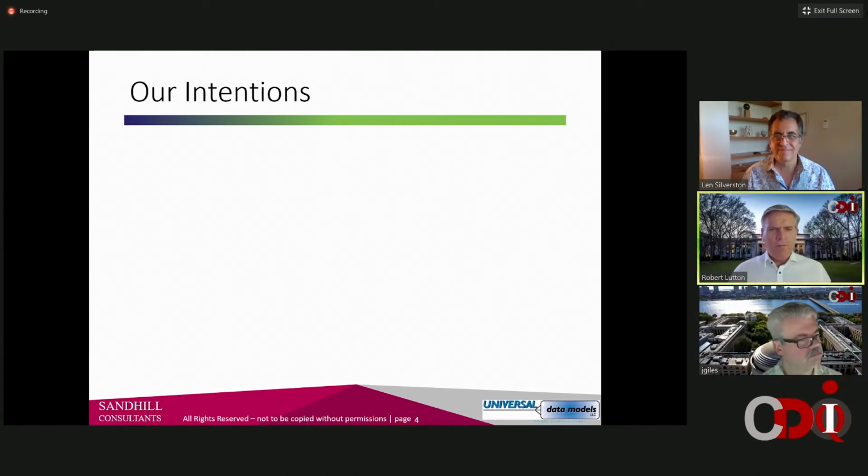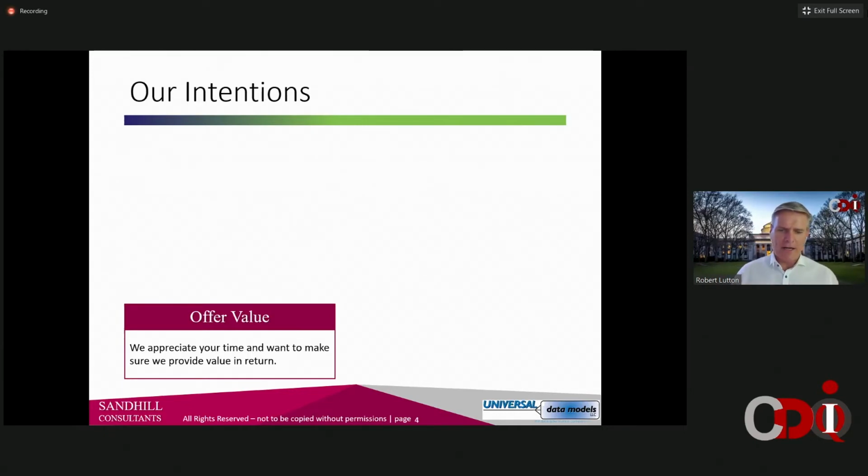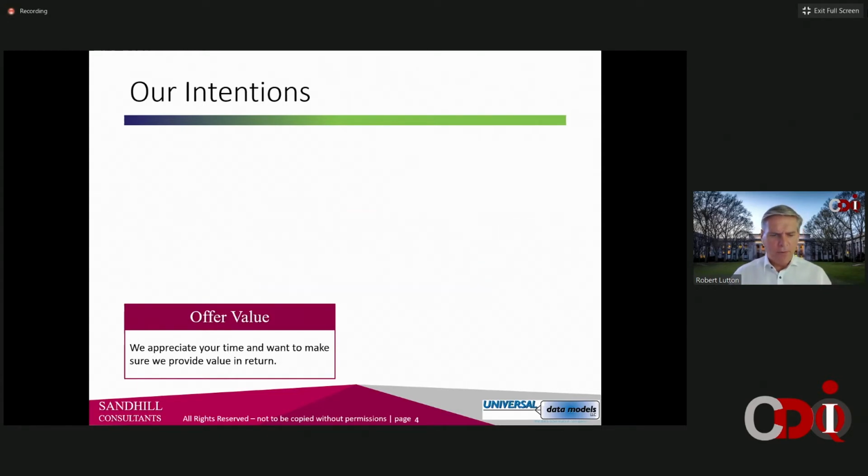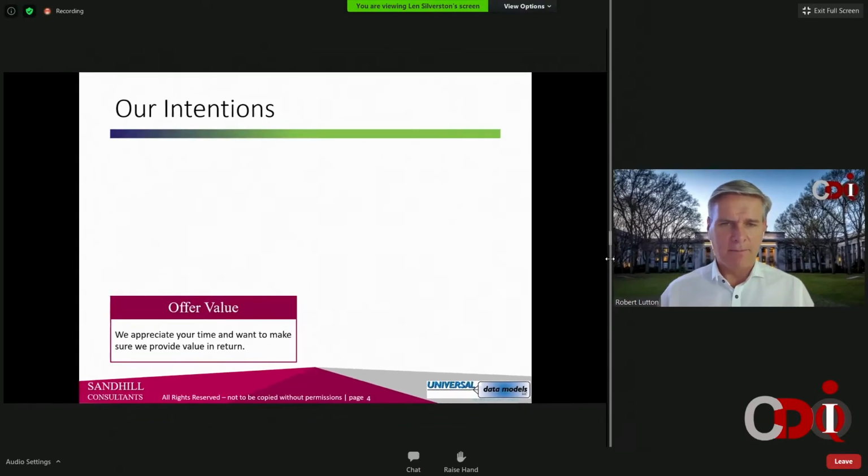So before we begin, we wanted to clarify our intentions for this presentation. First, we wanted to make sure that we offered you value in the presentation today. The importance of developing strong, well-defined business terms has never been more important in today's era. And we'd like to provide some guidance on how to provide clear, consistent, concise, and contextual communication that provides business value, hence the 4 C's.